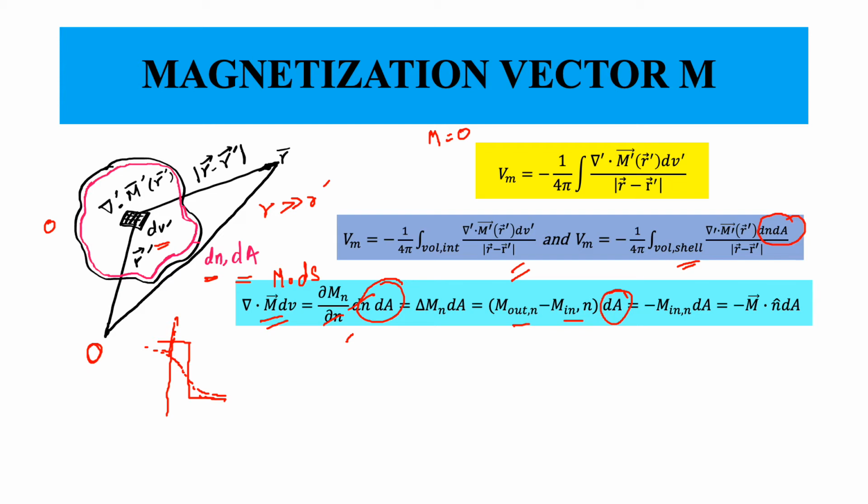Since the quantity is zero outside, what I actually have is the normal component of the magnetization in the interior near this cell. So you will rewrite this as minus M dot n hat dA, where the normal points outside, but minus M dot n actually points inside.